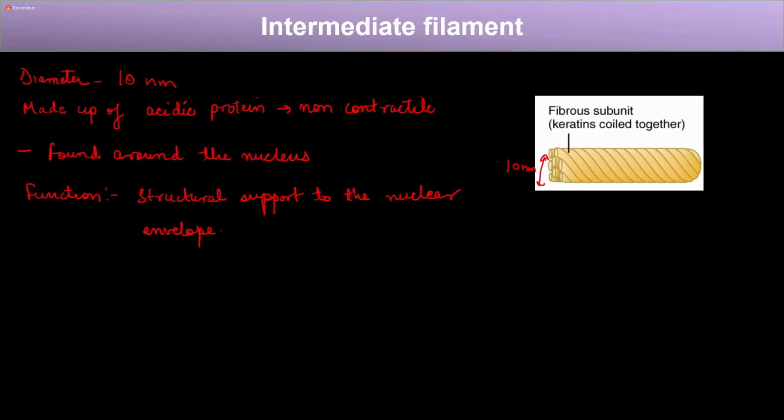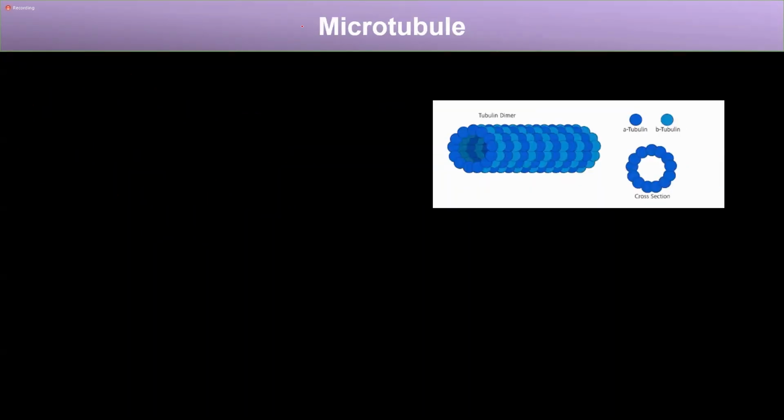Now, the third type of cytoskeleton is called microtubule. The diameter of the microtubule is the largest among the three. It has two diameters.